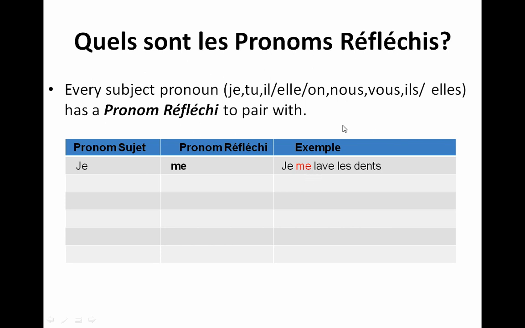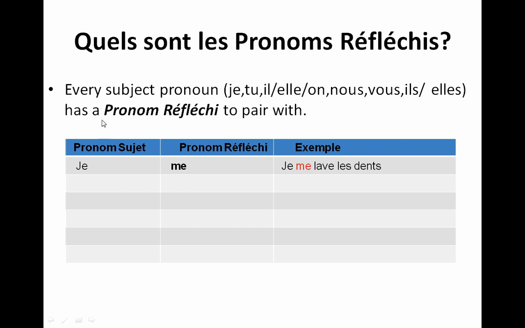You can say je me brosse les dents or je me lave les dents, and it means the same thing. So this means je, subject, me, pronom réfléchi, then the verb, and then les dents, direct object. Okay, je me lave les dents.